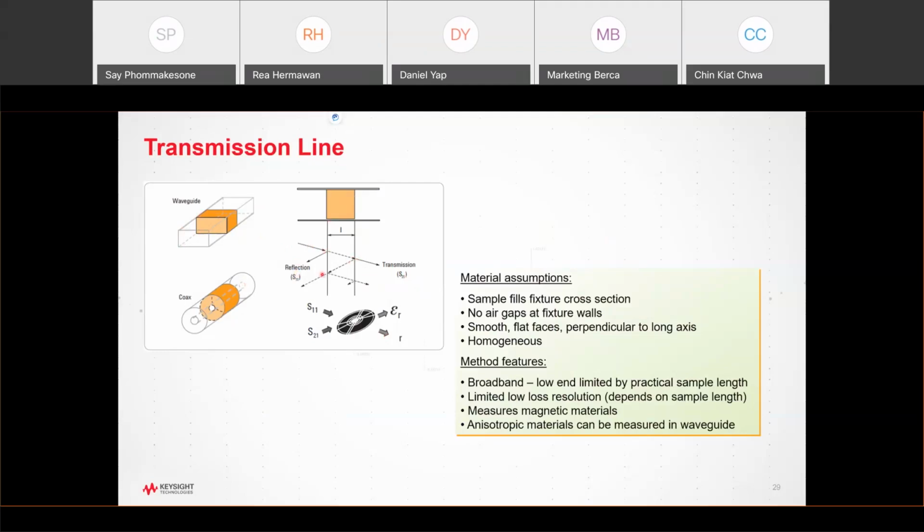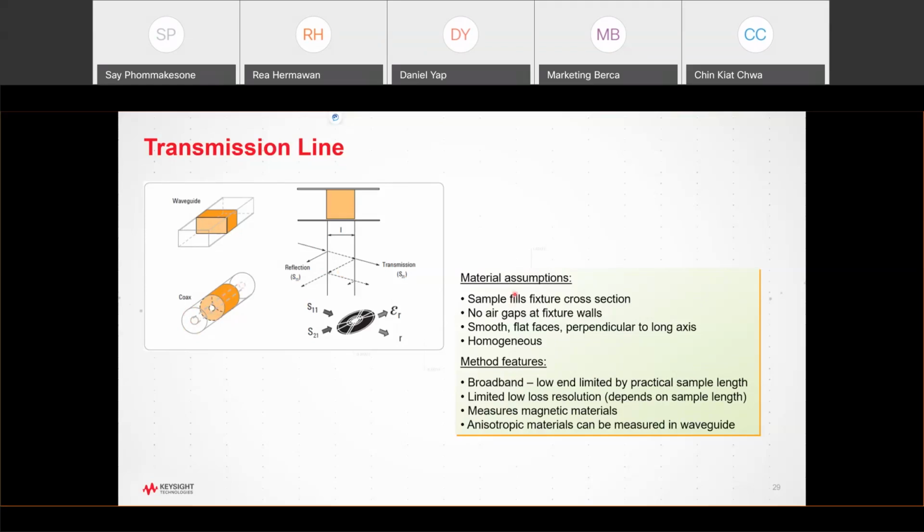Of course, there are many routes that go through this. Another one is called coaxial. Coaxial is basically a circular pipe with a center conductor, so you can fit your sample inside this coaxial airline, as we call it. In this particular case, there is a center conductor, so you have to drill a hole in the center to get the sample to fit.